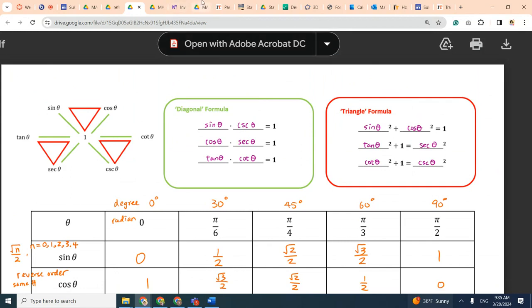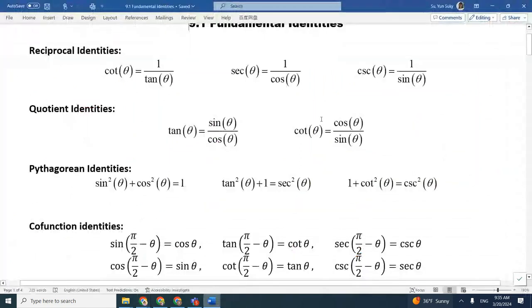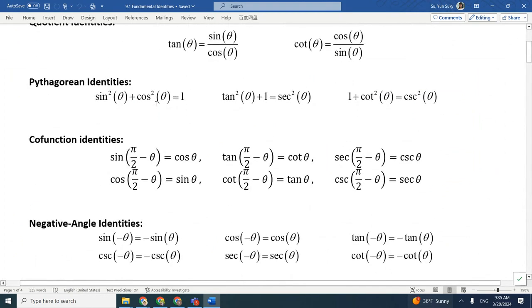So they are the trig identities. The reciprocal identity is like the diagonal. And quotient, tangent is sine over cosine, right, everybody? And cotangent is the reciprocal, so cosine over sine. And the Pythagorean identity is like the triangles, right? Yes?